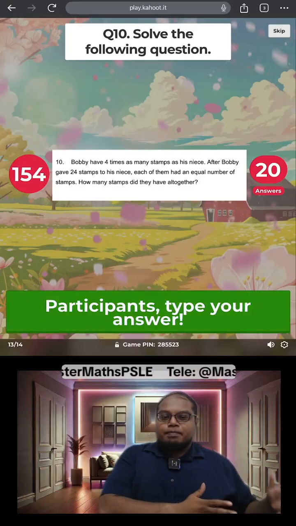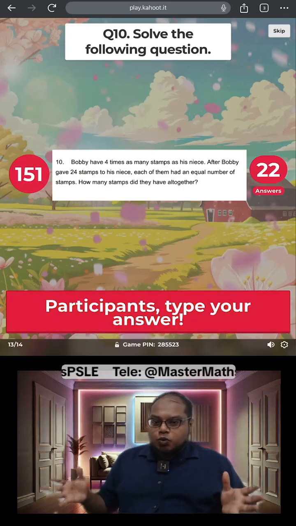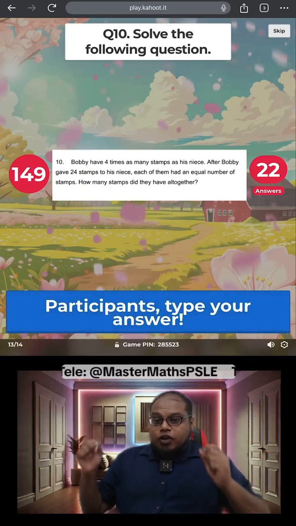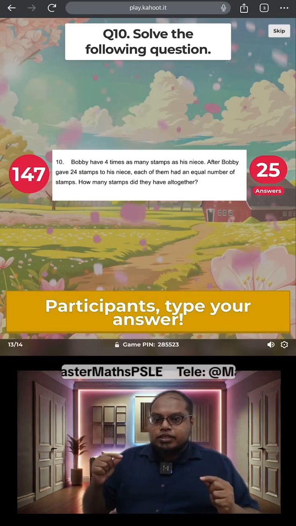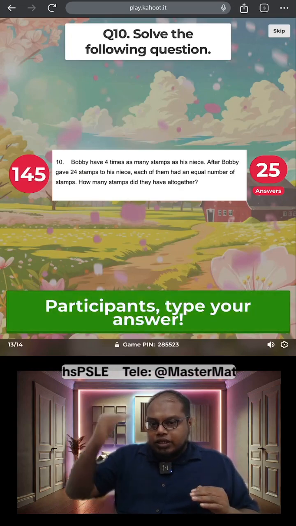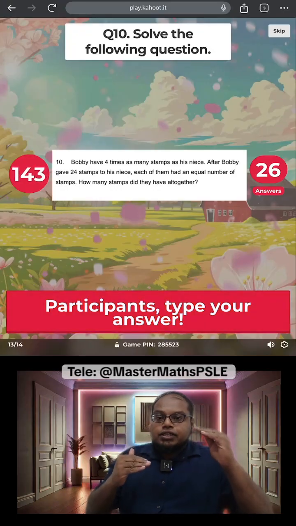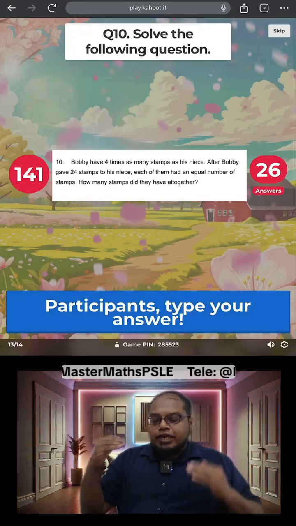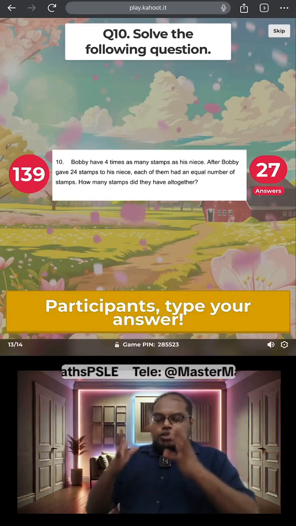Because the total still remains the same. So you split the total into 2. Alright, then you can observe the change in the units. There will be an equal decrease and equal increase in terms of units between Bobby and the niece. And that units is 24.